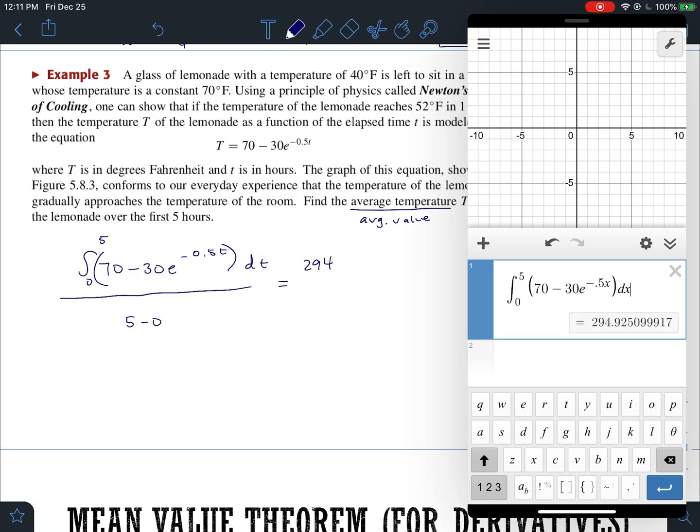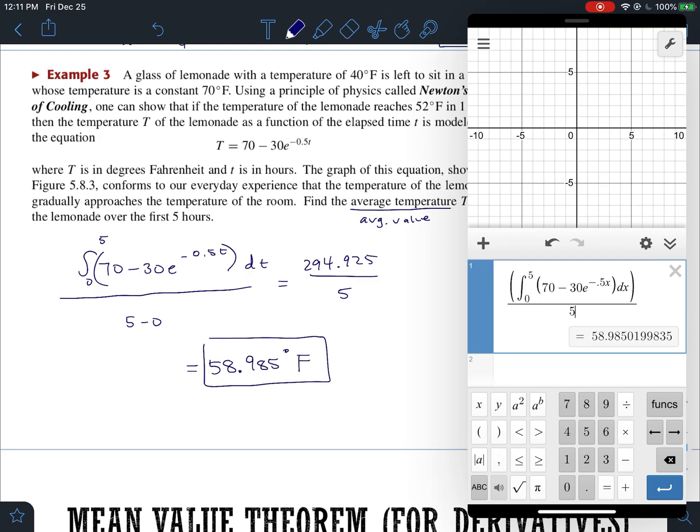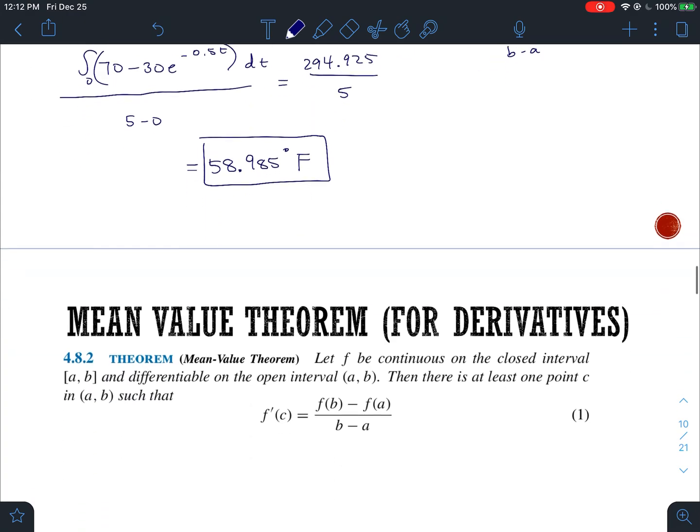This is going to be 294.925, and then divided by 5. So we're going to divide that whole thing by 5. And you get the average temperature would be 58.985 degrees Fahrenheit. So that's the average temperature of the lemonade during the first 5 hours.